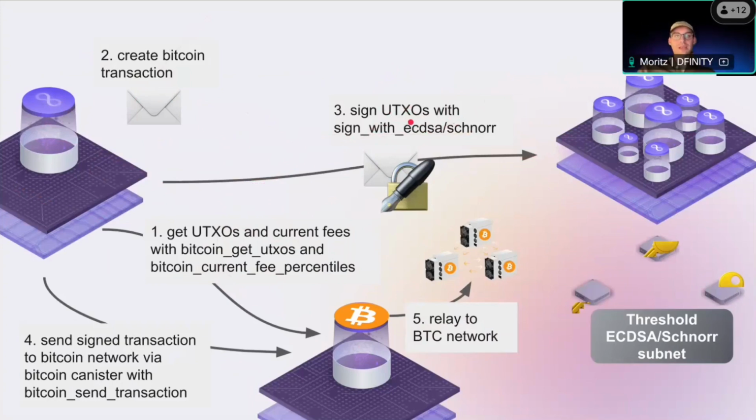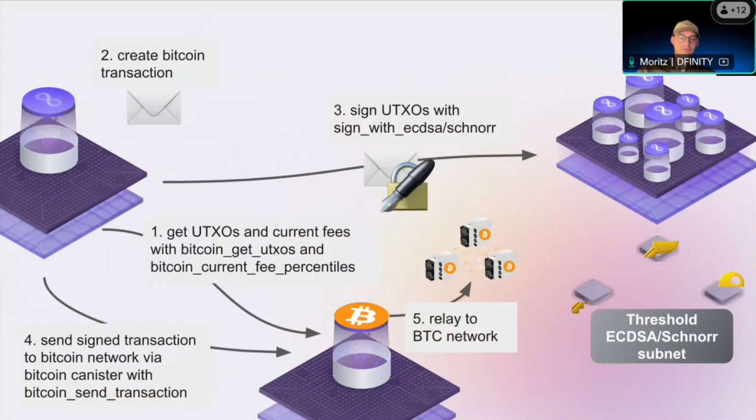So once we have that, we can now take the signed transaction and send it to the Bitcoin network using the Bitcoin send transaction API call through the Bitcoin canister. And the Bitcoin canister, as we saw, is now relaying the signed transaction to the Bitcoin network through the nodes that are part of the Bitcoin subnet, or the Bitcoin activated subnet.